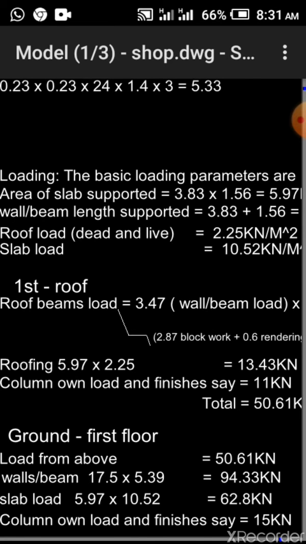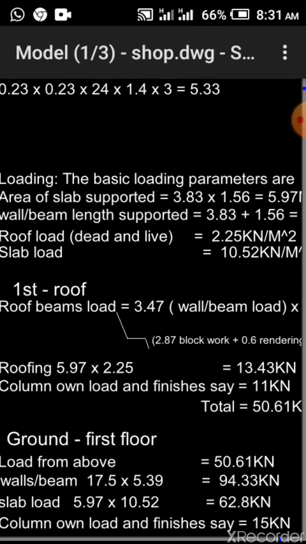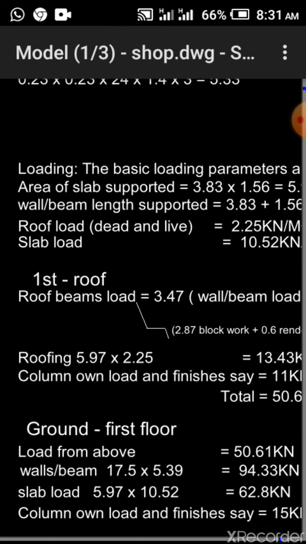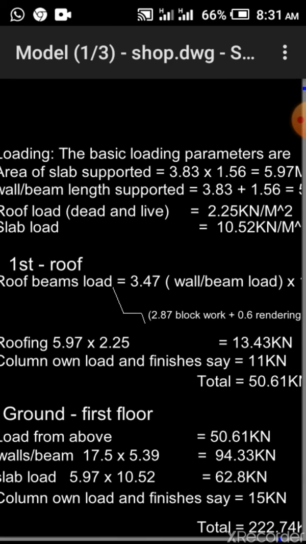Slab load is 10.52. If you have been following, I gave a breakdown on how we got 10.52. It is actually simple. Your roof beam load is gotten from your walls, from your block work and your rendering.